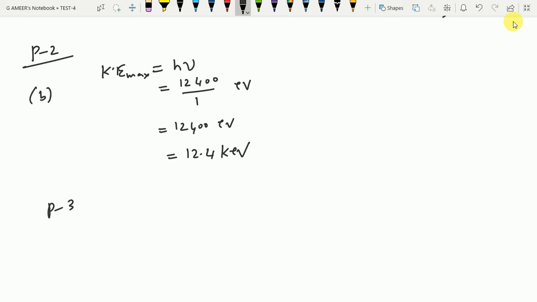Let us go to the third question. An X-ray tube is operated at 15 kilovolts. Calculate the upper limit of speed of electron striking. It is the same as the previous problem. The maximum kinetic energy produced is equal to h nu, that is hc by lambda.